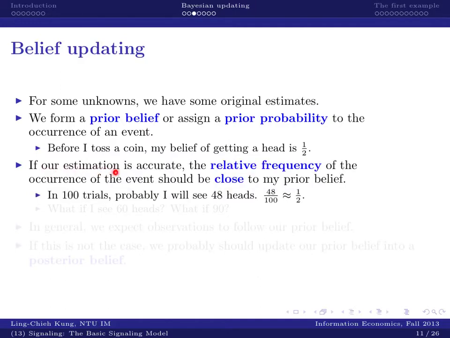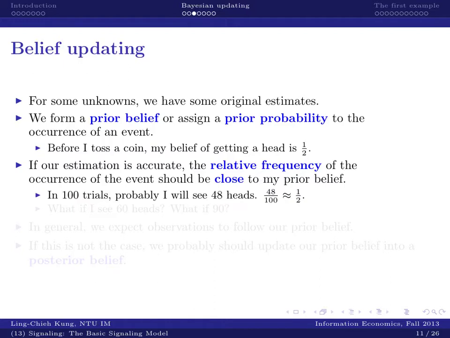If this estimation or belief is correct or accurate, the relative frequency of this event should be close to my prior belief. What does that mean? Suppose I really flip the coin about 100 times. Then one possibility is for me to see 48 heads.